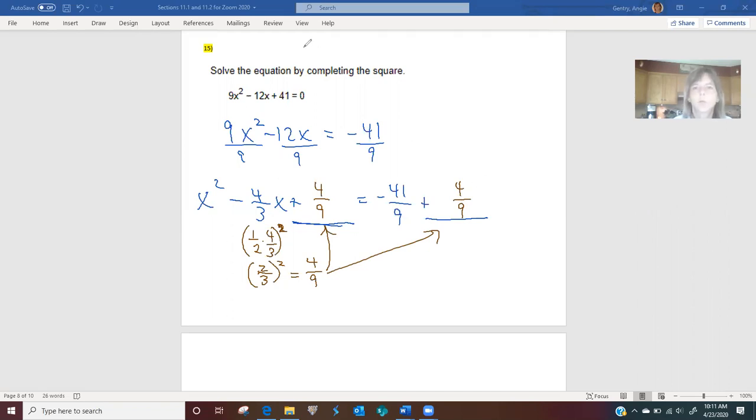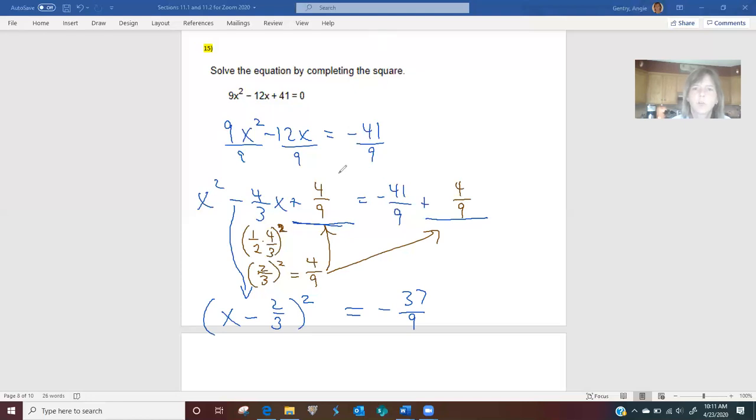But you've created a perfect square trinomial that factors into x minus 2/3 quantity squared equals negative 41 ninths plus 4 ninths, which is negative 37 ninths. And then we have to use the square root property.